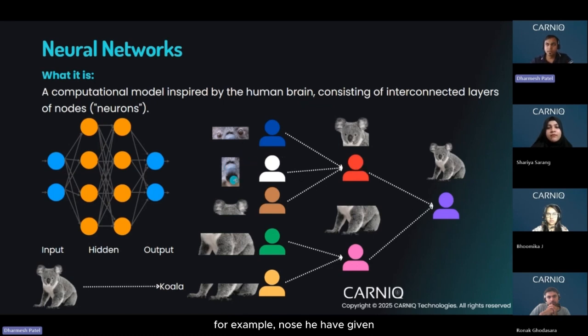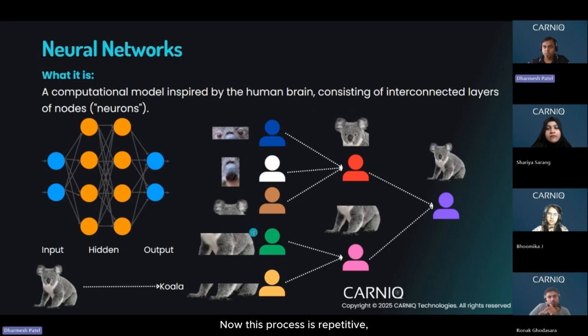For example, for the nose he has given 0.5, and from student white he got 0.2, then he multiplies it with 0.5. Similarly, from student blue he multiplies with 0.2 and brown 0.3. That's how he calculates the score and passes this information to the next supervisor, who again checks whether he got the right score and, based on that, decides whether this is a koala or not.